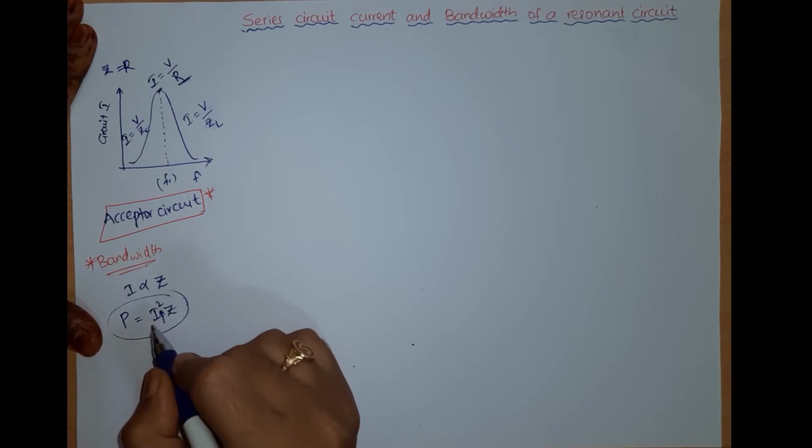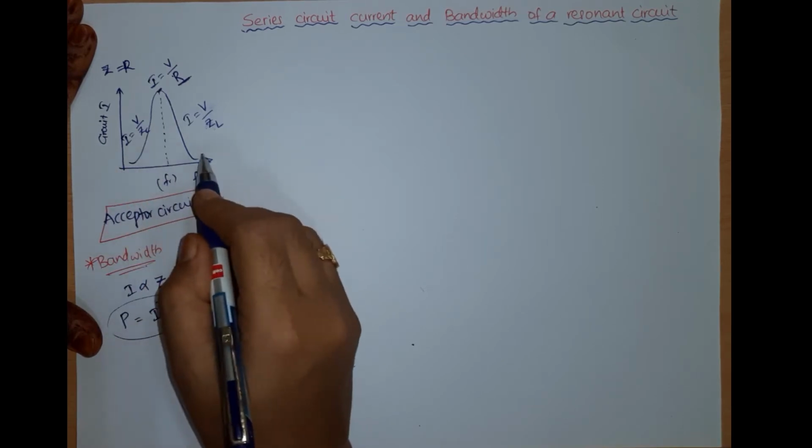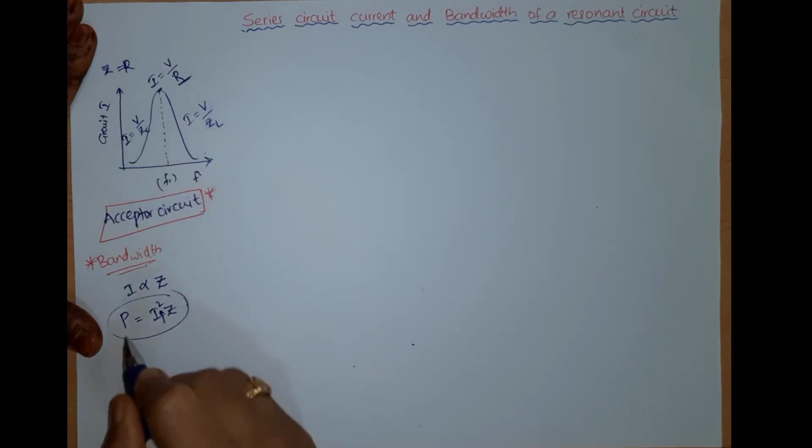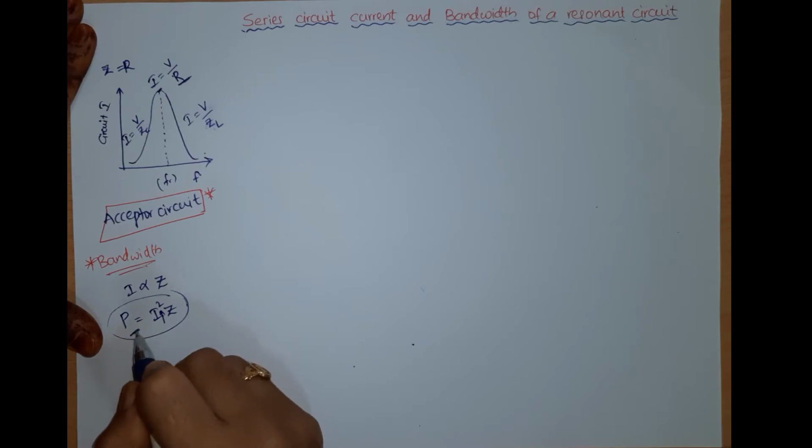Now, if you reduce or increase the frequency until the average power absorbed by the resistor in the series resonant circuit is half of its maximum value at resonance. What are we doing now?